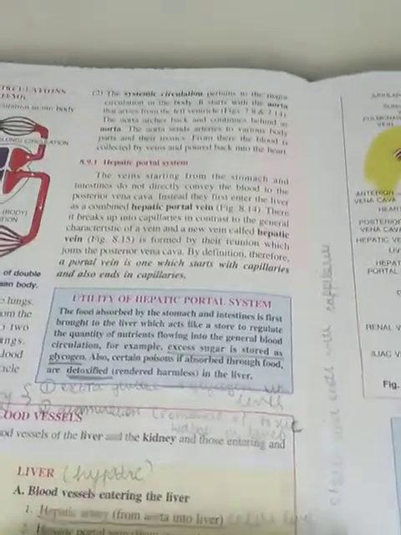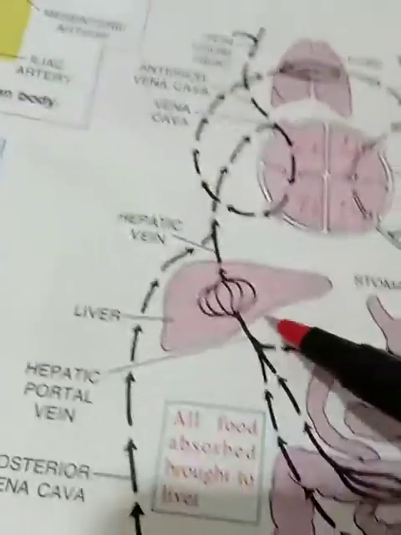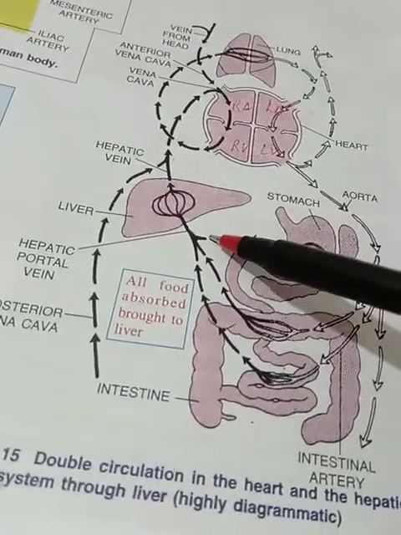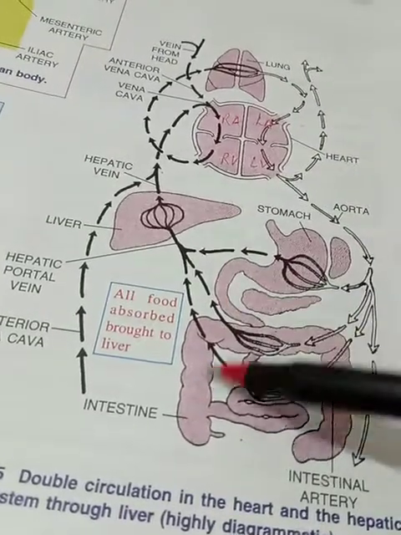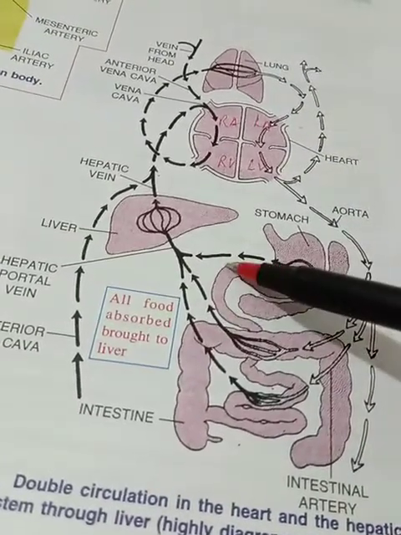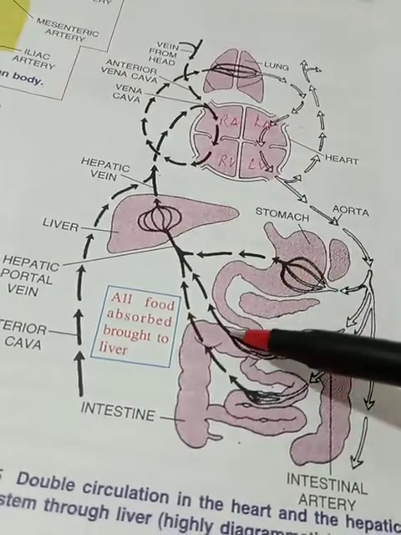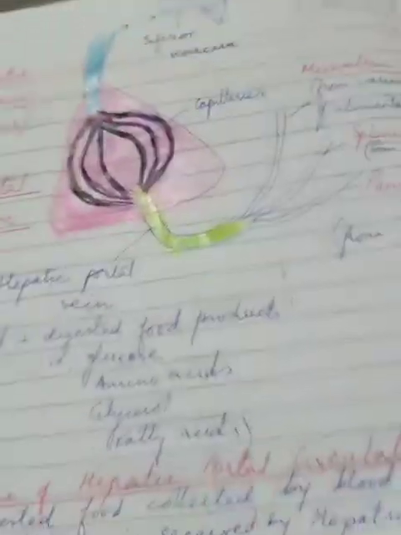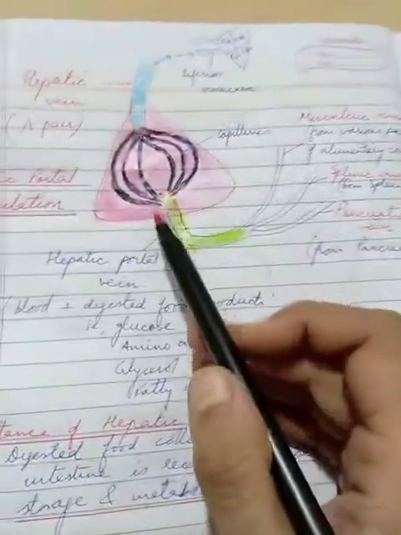Hepatic, children, means liver. We all know this. So, look at this liver first. You can see that the liver is receiving the blood from all the digestive places like the stomach, intestine, then spleen, etc. Right? I'll show you a diagram. This is here. Get this diagram here, children. This is the liver.